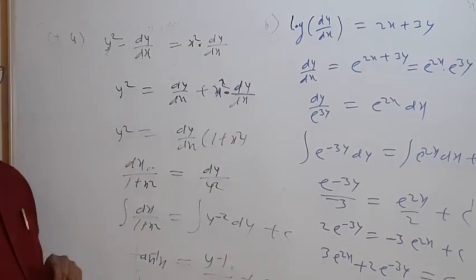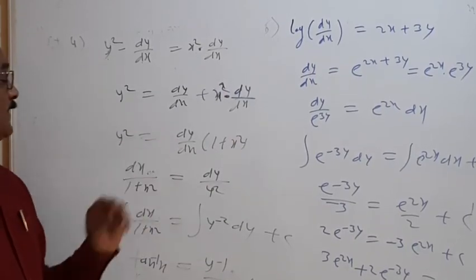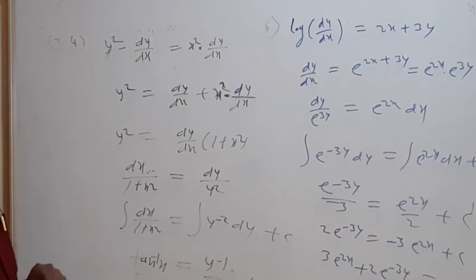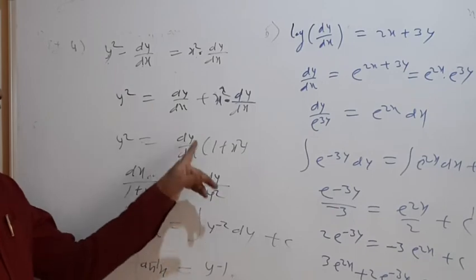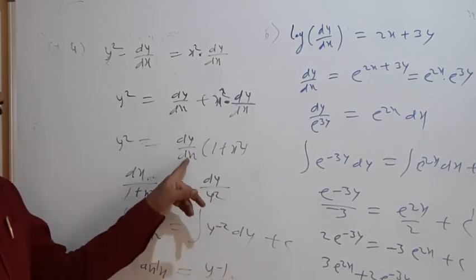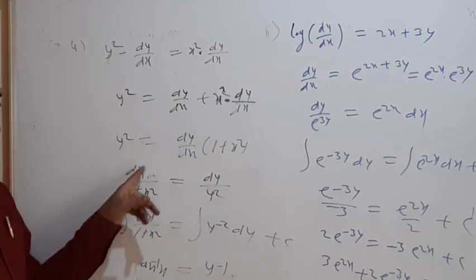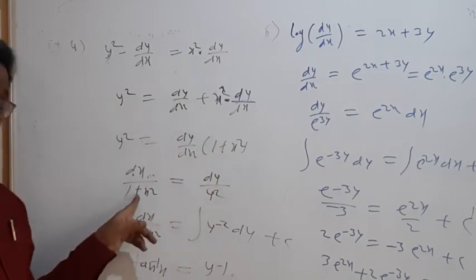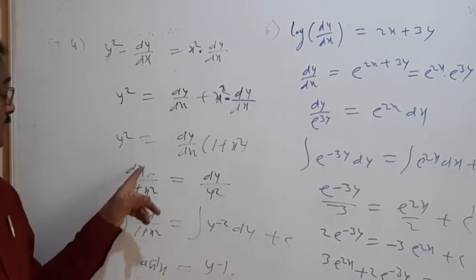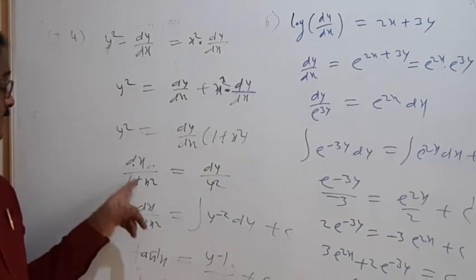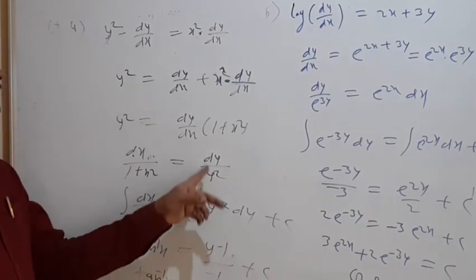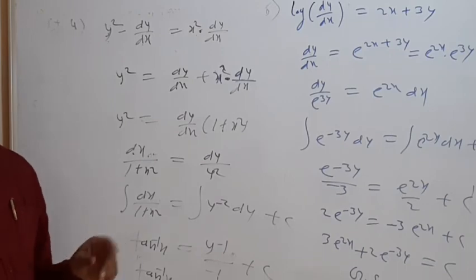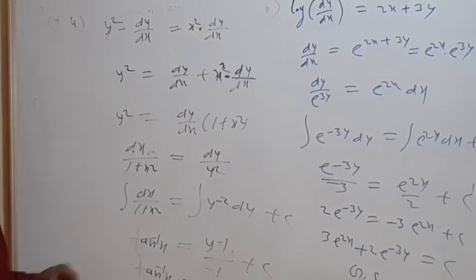So convert into variable separable form: y square is transferred to the right hand side, dy divided by y square, and dx goes to the left hand side with 1 plus x square in the denominator. So dx upon 1 plus x square on the dx side and 1 upon y square on the dy side. This is the variable separable form.